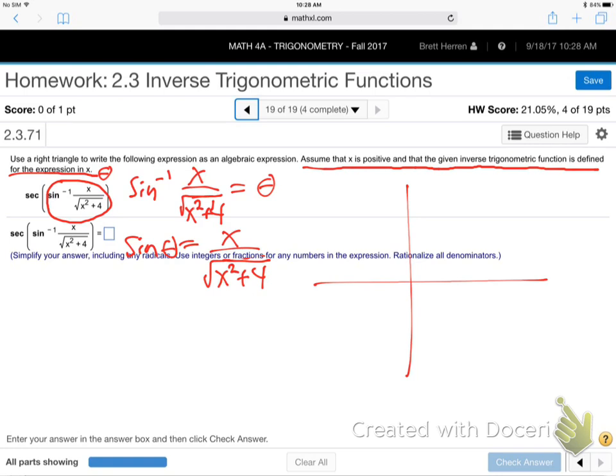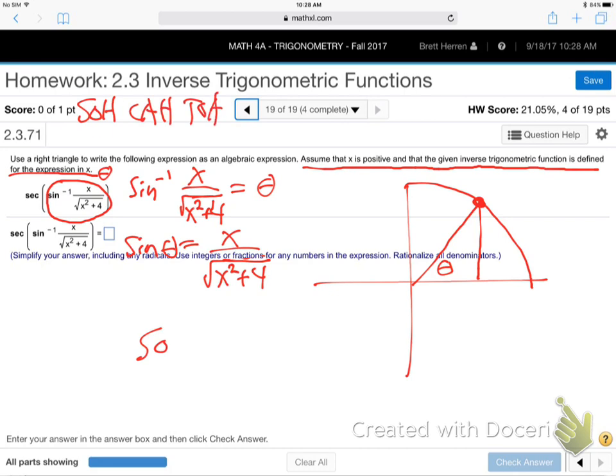All right. Now let's just make a triangle. We'll just put it in the first quadrant because we don't know what x is. Make a triangle that reflects that truth. So this is theta. SOHCAHTOA, put it up here. Sine is opposite over hypotenuse. So we have opposite, hypotenuse, and adjacent.